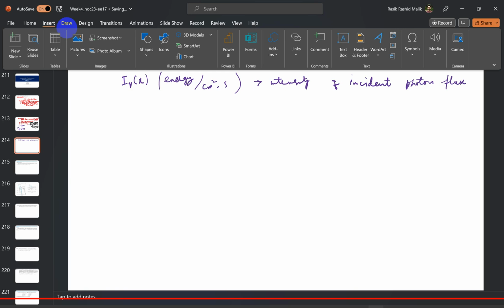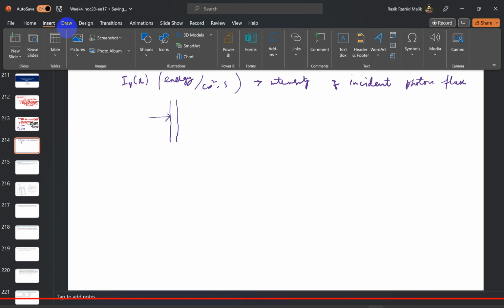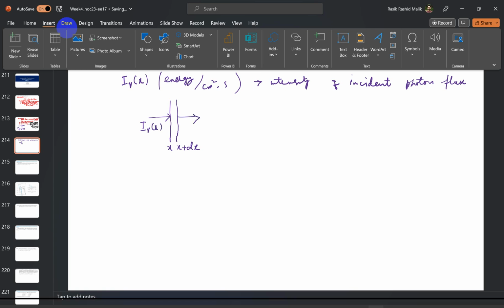Right? So say this is a semiconductor, and we have the incident photon flux at position x. This is position x and this is x plus delta x. So the incident flux is Iv at x, and this is the outward flux.